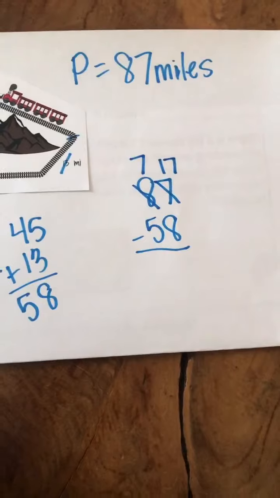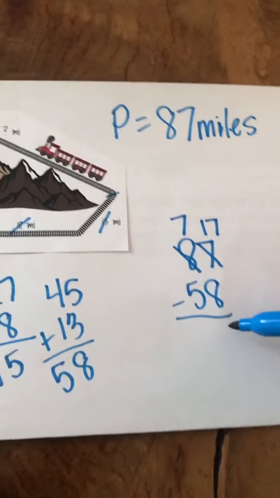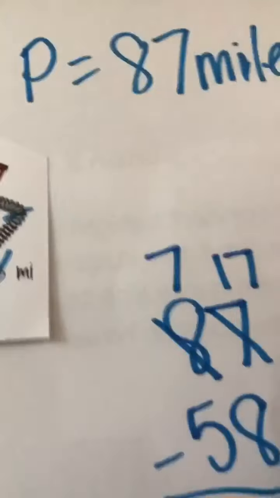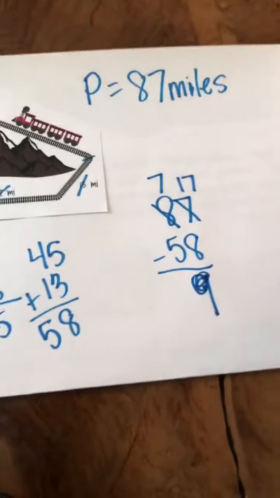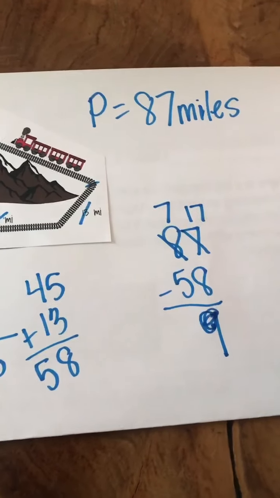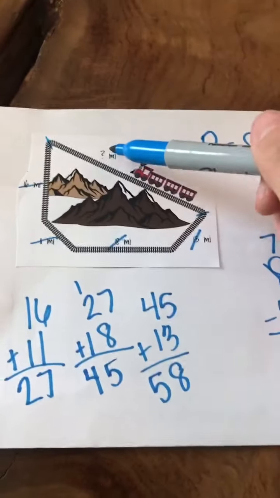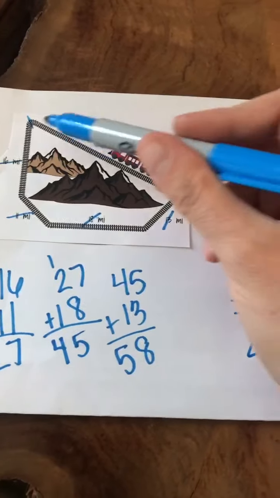Now we're ready to subtract. So that would be 9. Ooh, no. Sorry. And then 7 subtract 5, which would be 2. I'm gonna have to try to hold it again. So our answer here for this mystery number would be 29 miles. This side right here is 29 miles.